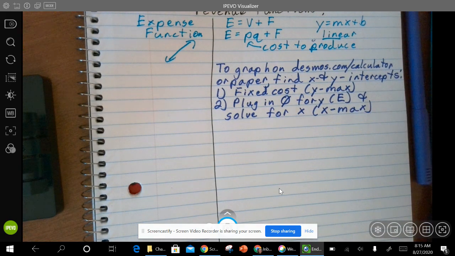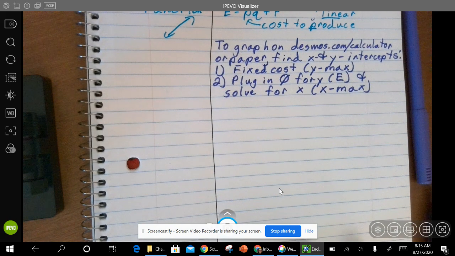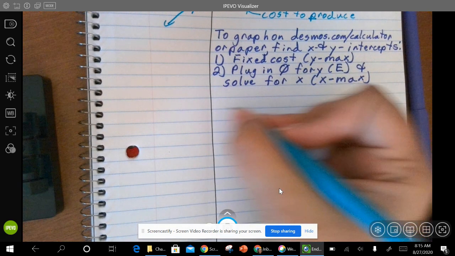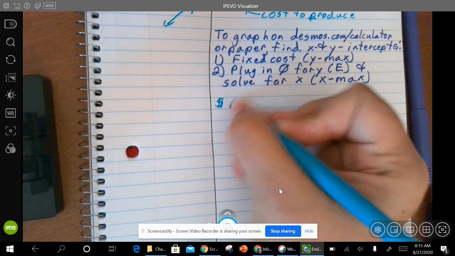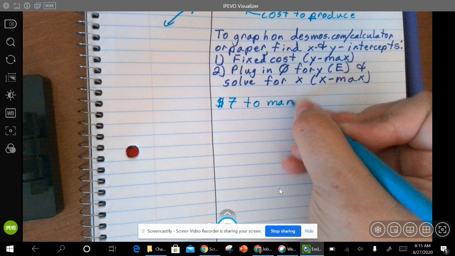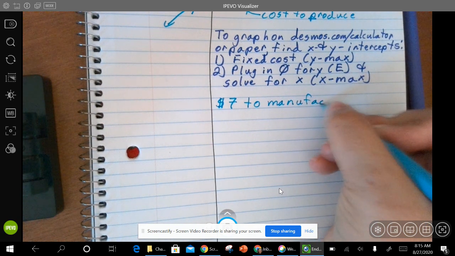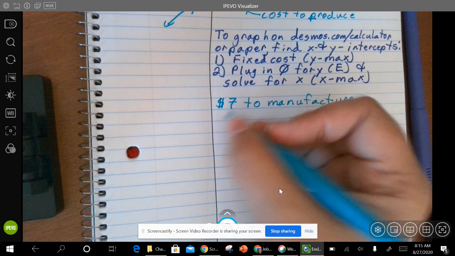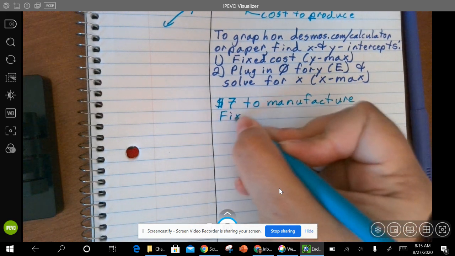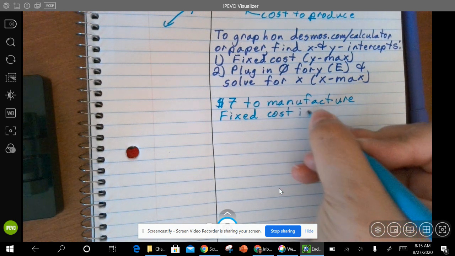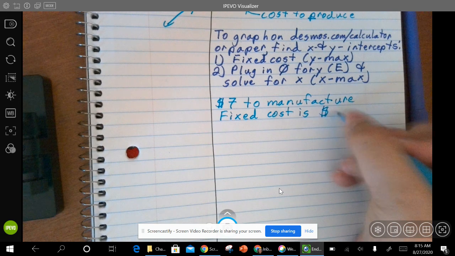Okay, knowing that, let's do an example. I'm going to do it with Picasso paints. I like painting, it's fun to do. So it costs $7 to manufacture the paint, and our fixed cost is $28,000.